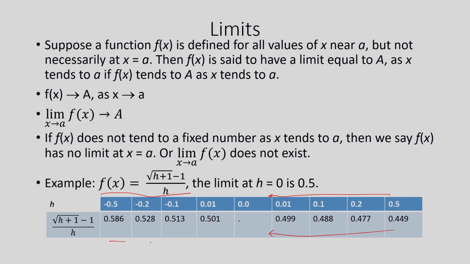And from the left hand side also, as h approaches 0 from the negative side, you have minus 0.5, minus 0.2, minus 0.1, minus 0.01. The value of this function is approaching the value of 0.5.